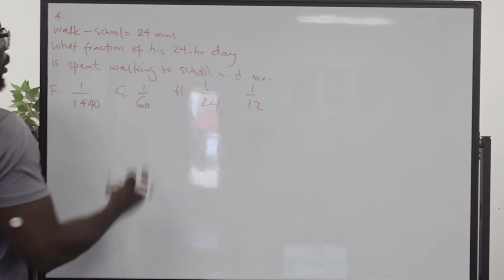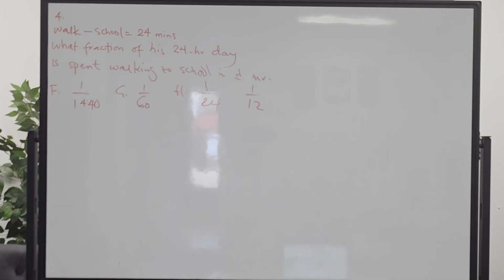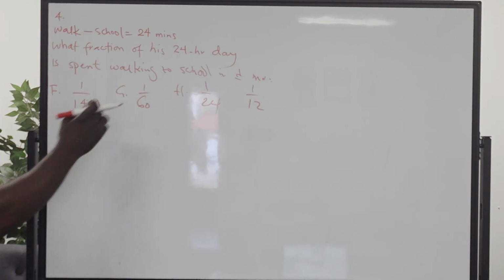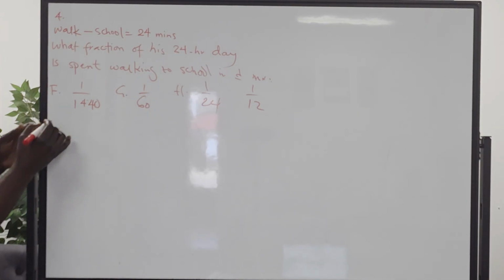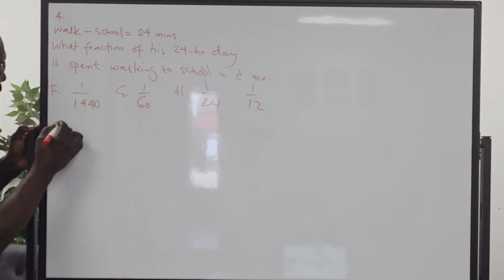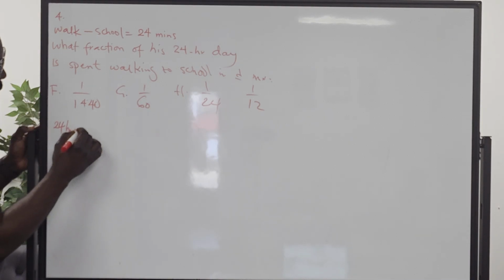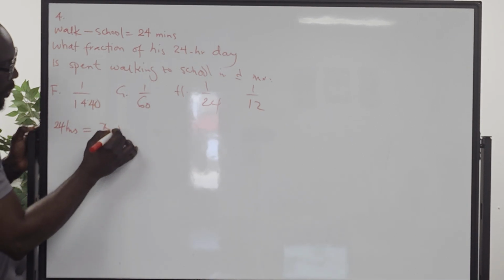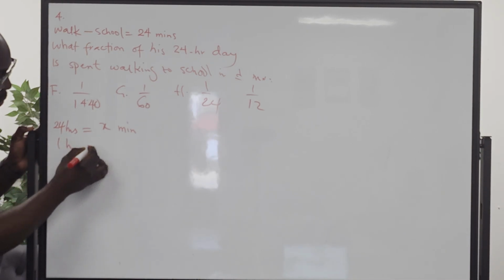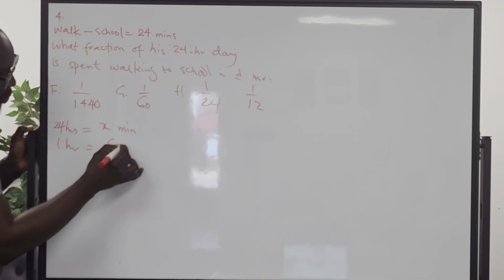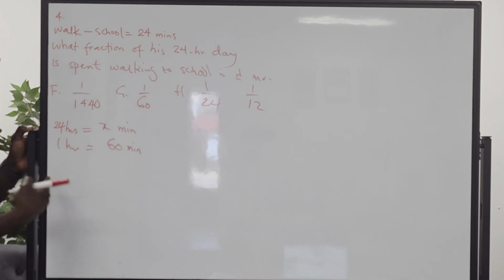So you can do it two ways. You can convert this to minutes. That'll give you the fraction, because you have 24 hours, which is how many minutes? Let's call it X minutes. We don't know that, but we know that 1 hour is 60 minutes.